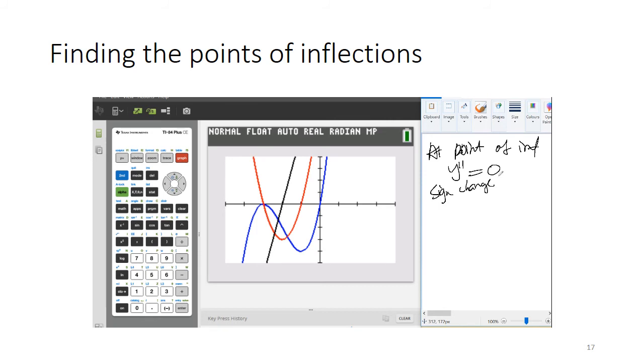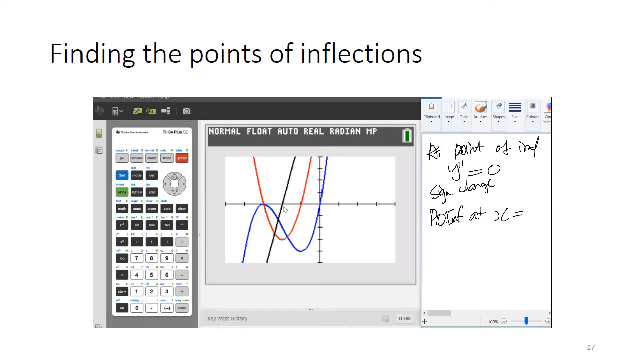So looking at our second derivative function, you can see this is the point where the second derivative equals 0, right? Slightly to the left of this point, we are negative. Slightly to the right of this point, we are positive. So from the second derivative graph, we can see the point of inflection would be at x equals 2.